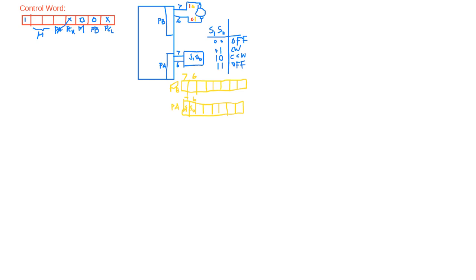And port A is an input port, with mode 00. So now what is the control word? If the don't care cases are 0, then it will be 90.